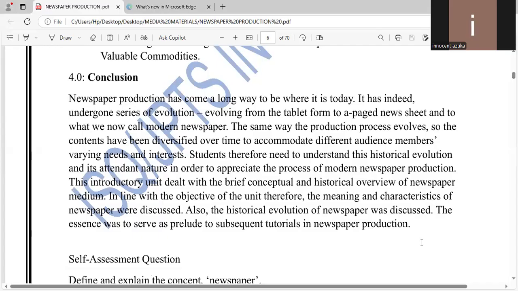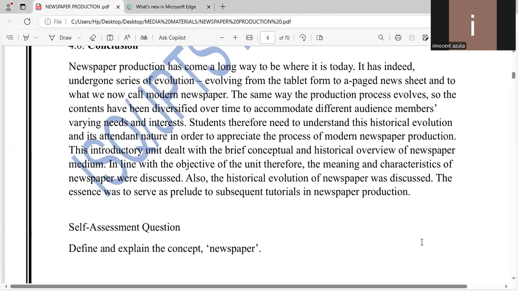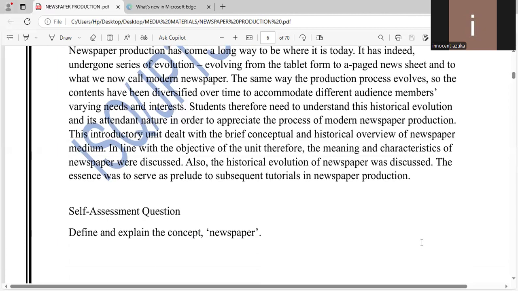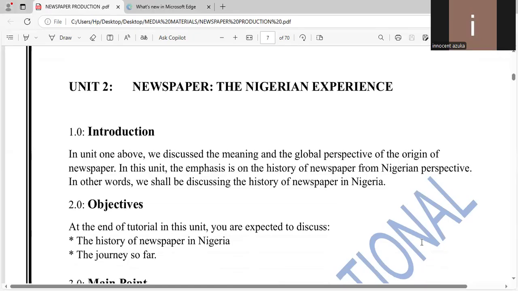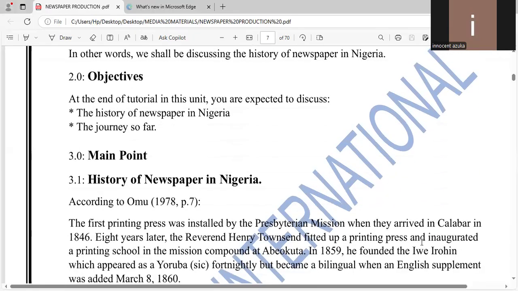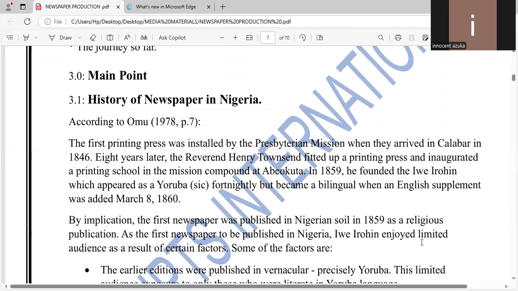Students therefore need to understand this historical evolution. We have read through it and discovered how historically it went. Let's look at the Nigerian history, how it was started.